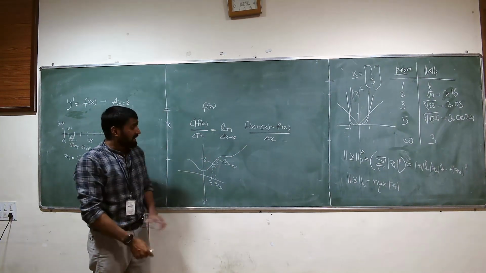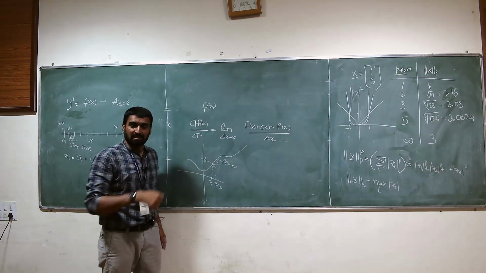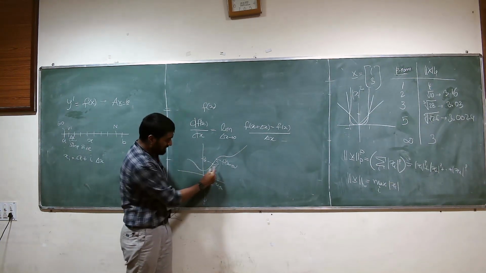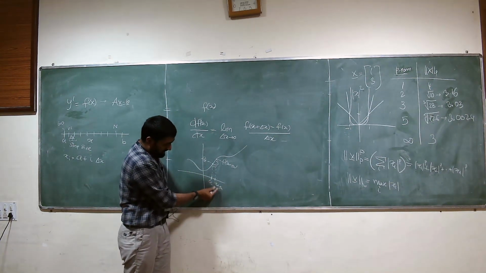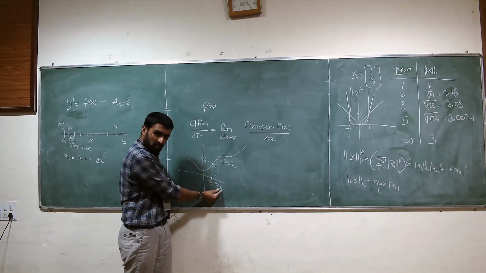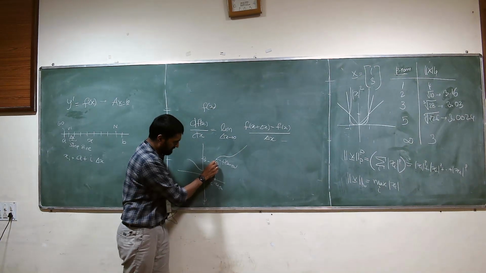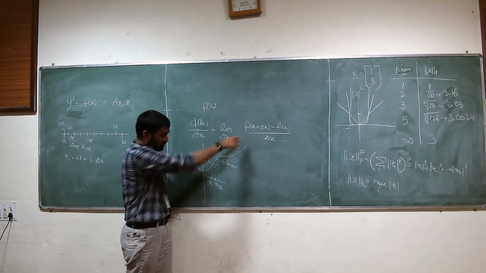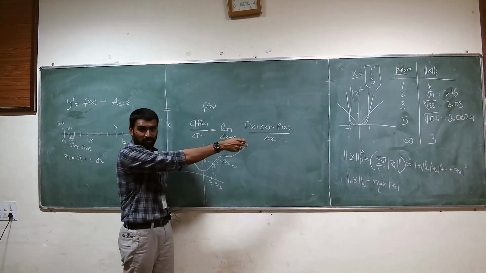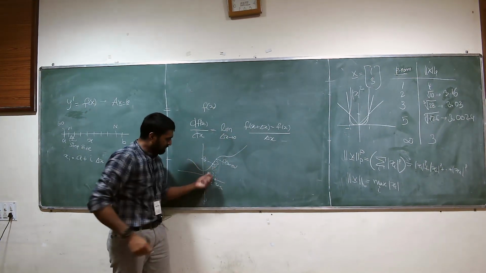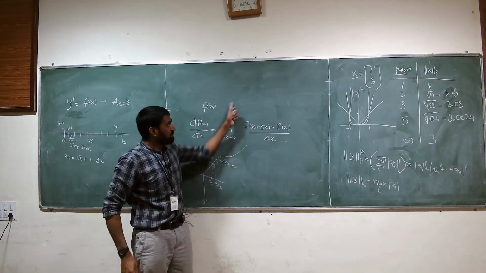If the function has a derivative at this point x, it turns out that if you make this delta x smaller and smaller, that means instead of taking it here, you take it here, and then you compute this ratio, you'll get another number. You'll not get the same number unless it's a straight line. If you keep bringing it closer and closer, you'll get a bunch of numbers.